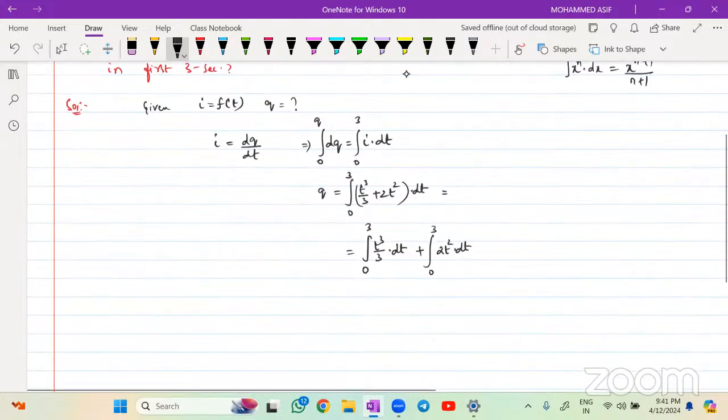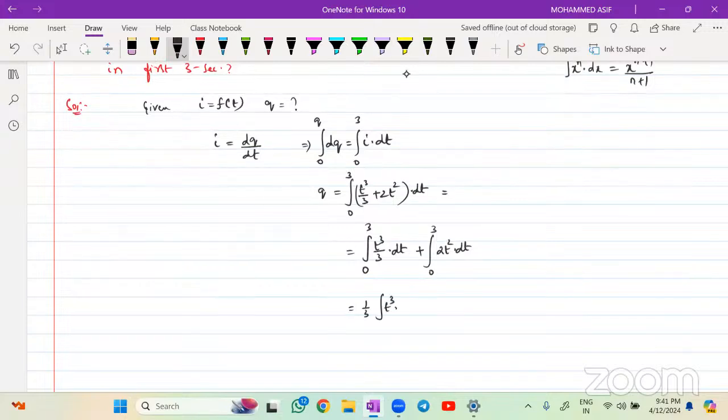In this one, 1 by 3 is outside, so it is 1 by 3 times the integral of t cubed into dt, limit 0 to 3, plus 2 outside, the integral of t squared into dt, limit 0 to 3.